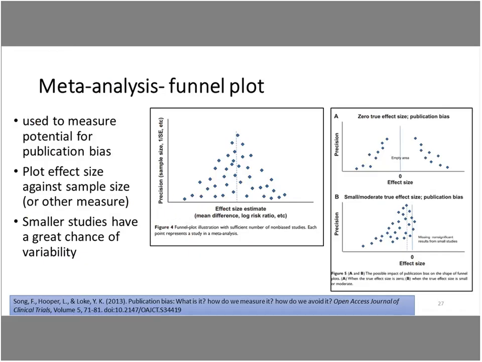So when it comes to publication bias, where you're doing a systematic review but you couldn't do a meta-analysis, then you just have to say in words, was it possible that you missed something?